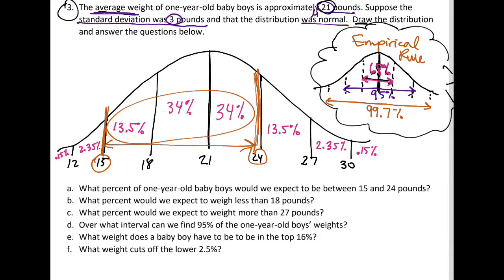Notice we're finding percent, so you add the percentages between the cutoffs up and you'll get your answer. That answer is 81.5%. So we can expect 81.5% of baby boys to weigh between 15 and 24 pounds.